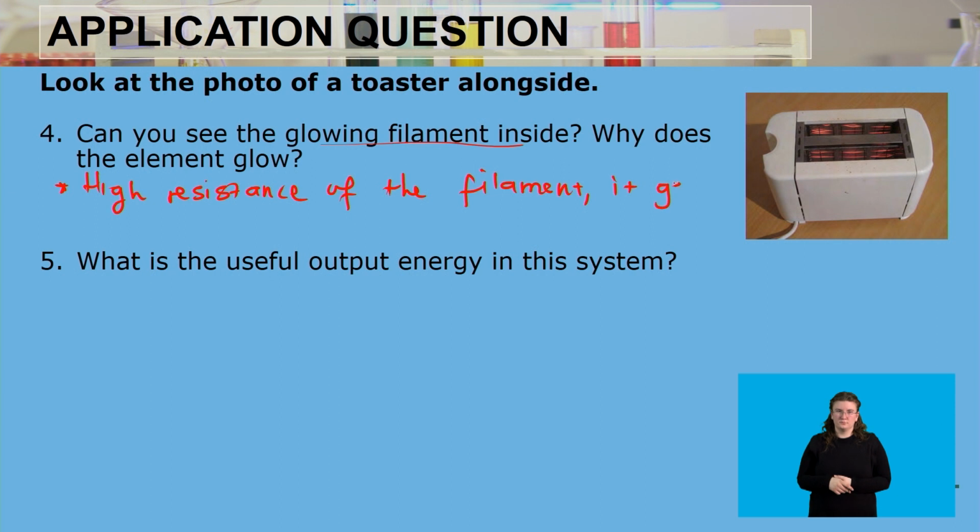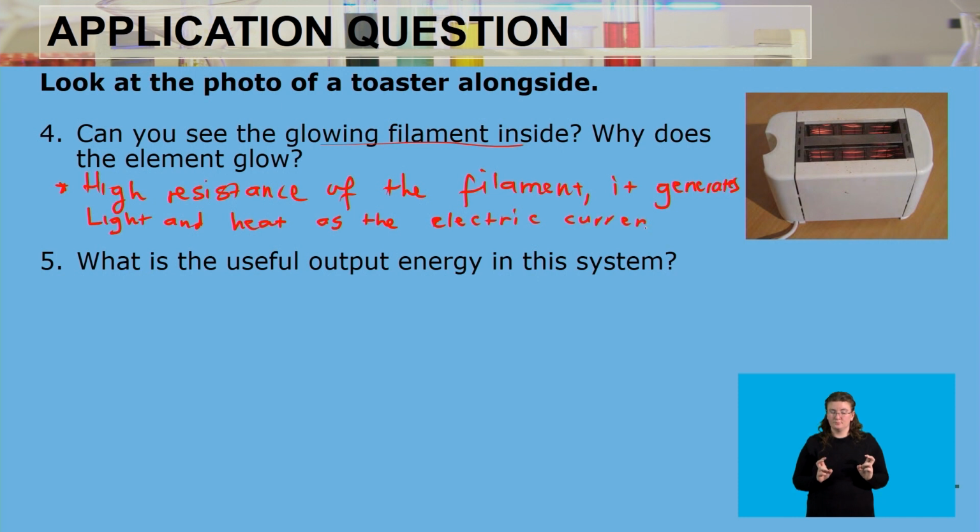It generates light and heat as the electric current flows through it. So as the electric current flows through the filament, the resistance is going to generate the heat and in turn also generate the light.